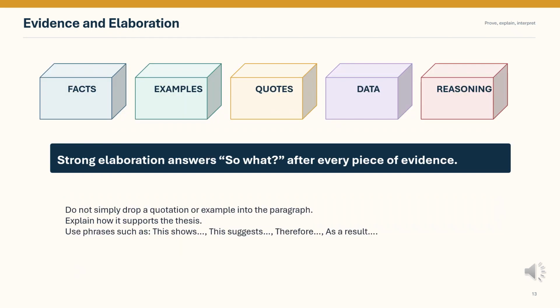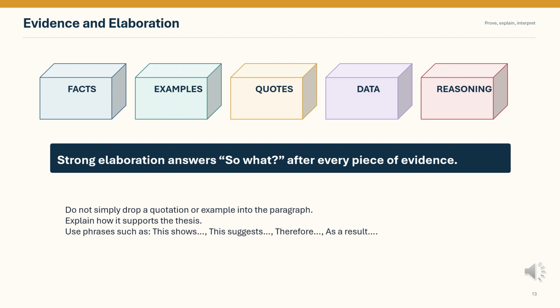This is the special slide for evidence and elaboration. Just listen to it. I believe it will help you when you write the essay. So, evidence makes your essay strong, but just evidence alone is not enough. You must explain the evidence. Now, what is evidence? Evidence just includes facts, examples, quotations, data, or your reasoning, your logic.